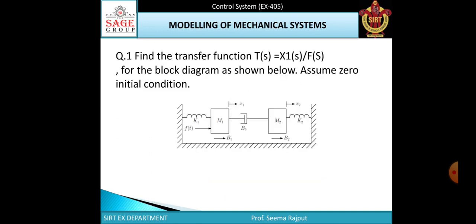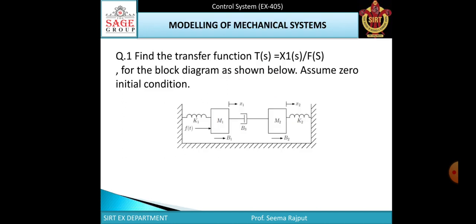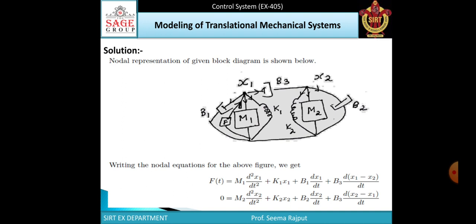So if we assume zero initial conditions, first of all we have to draw the free body diagram of that particular mechanical system. So that is the diagram or representation of that mechanical system. Here it is two displacement, so we have to put the displacement here.